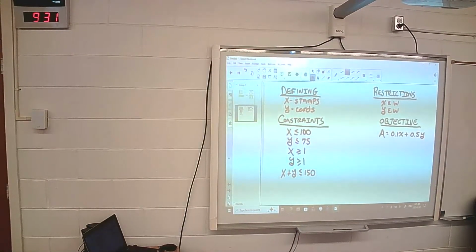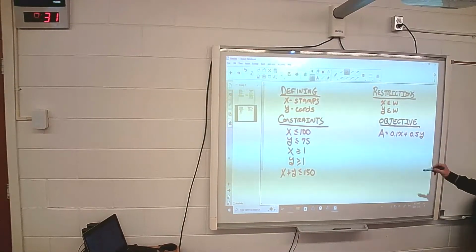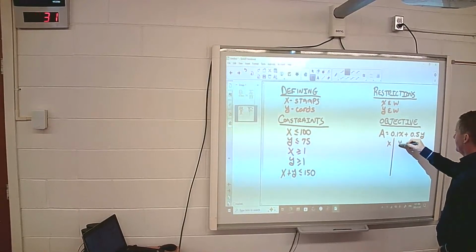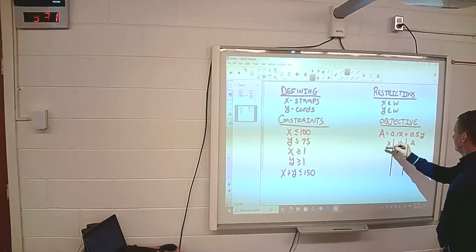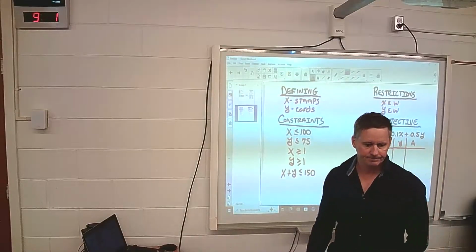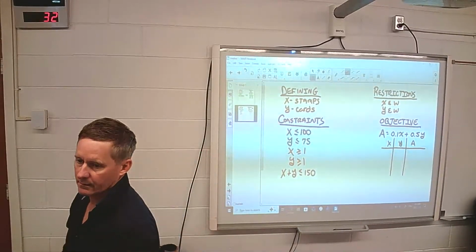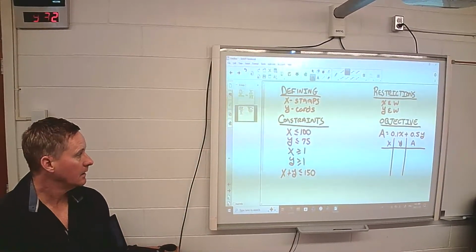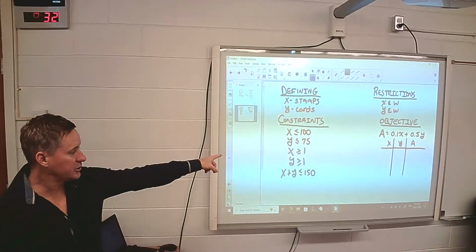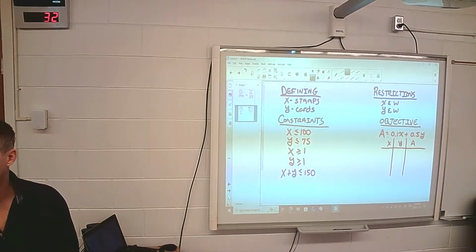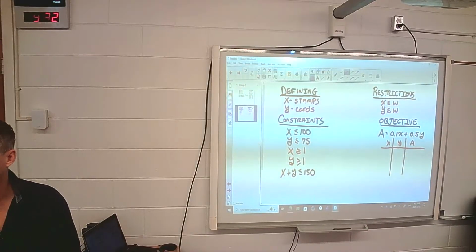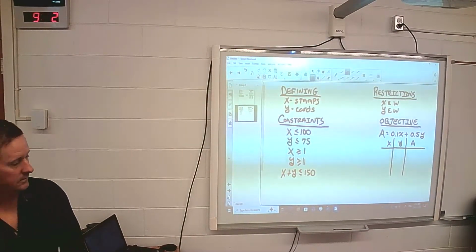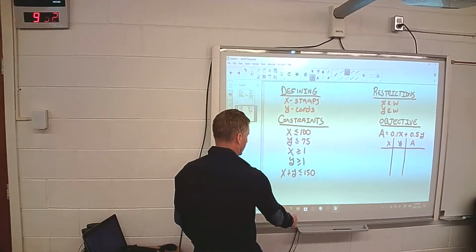All right, I want you to put that on Desmos and see if you can identify the critical points yourself. I'm going to write out my table of values here. No, you graph your constraints. And then you have to get your critical points after that. Yeah, but every single one.